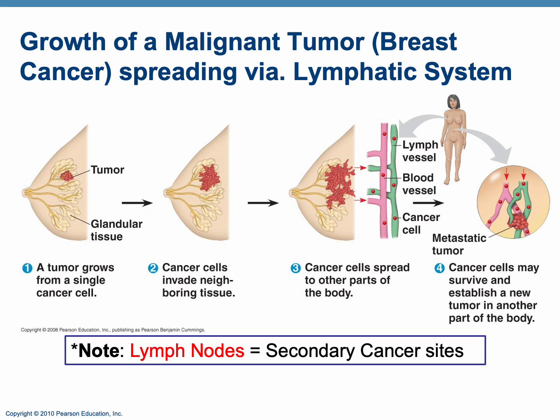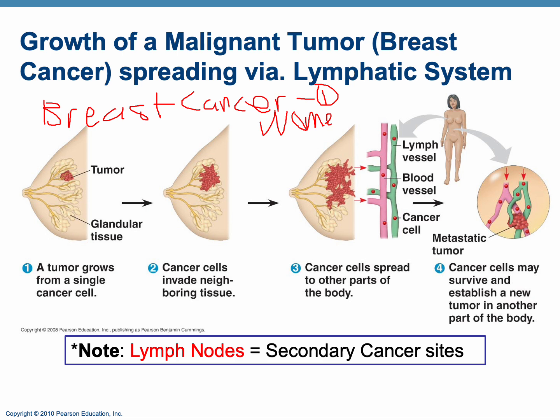So breast cancer. That's considered to be the number one type of cancer in North America. Number one when it comes to women. But of course, important to be aware that breast cancer can be in men too.